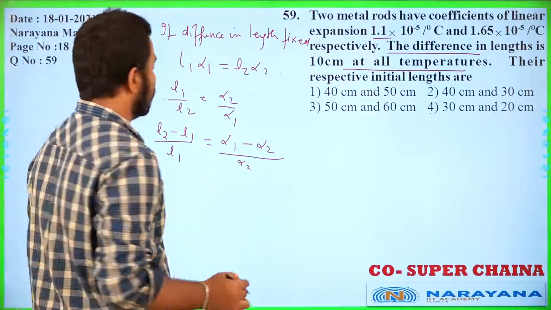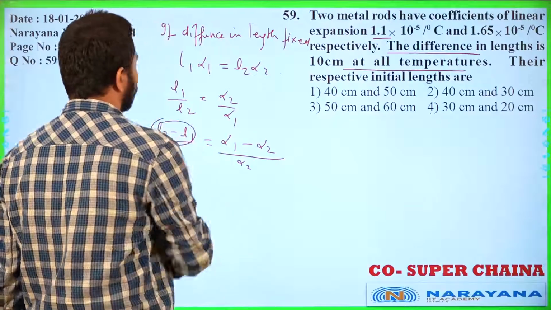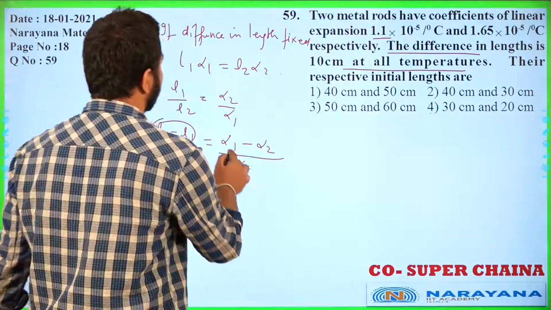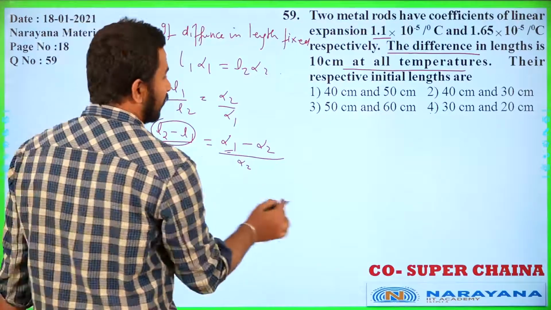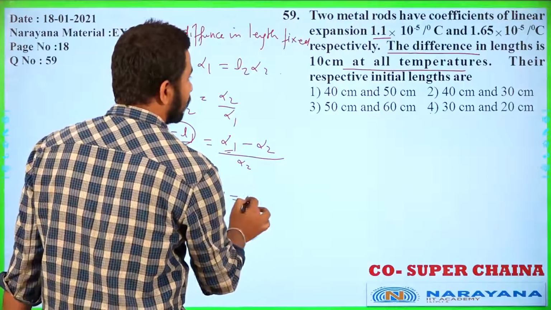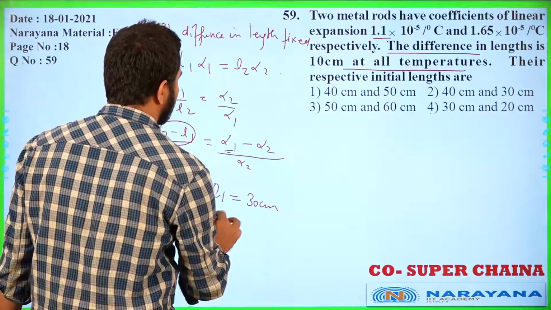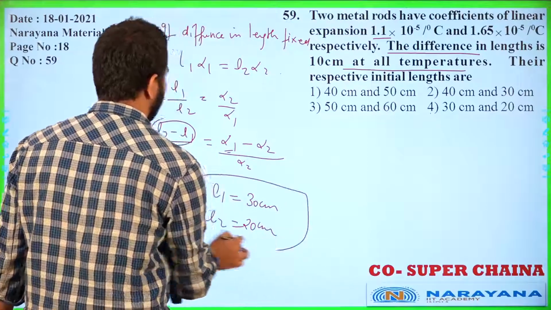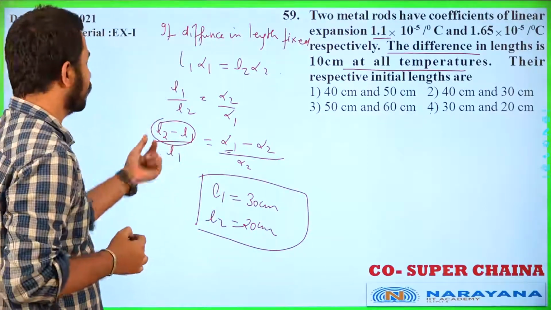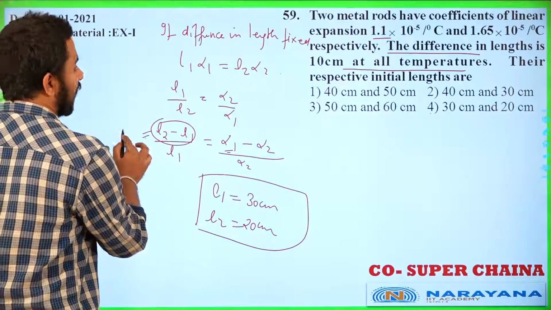So if you simplify this, student, this is given to us, and alpha 1 and alpha 2 are also given. So if you simplify here, we are getting that L1 will be 30 centimeter and L2 will be 20 centimeter. That will be the answer for this question, because L2 minus L1 is also given to us as 10.